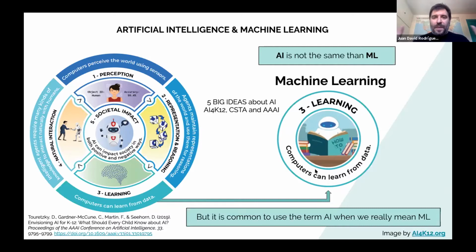Machine learning encompasses a range of techniques that allow computer to learn from data. And it has to be said that most of the current AI development is being carried out with machine learning. So it's frequent to say artificial intelligence when we really mean machine learning.